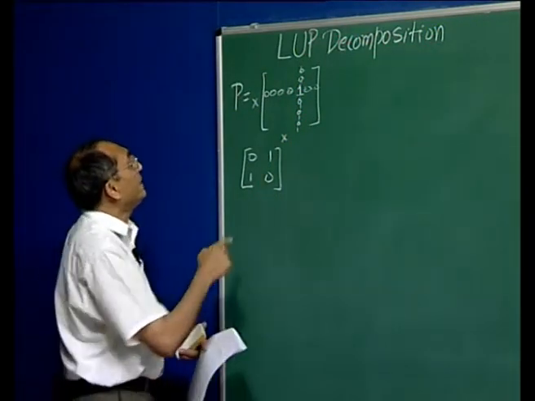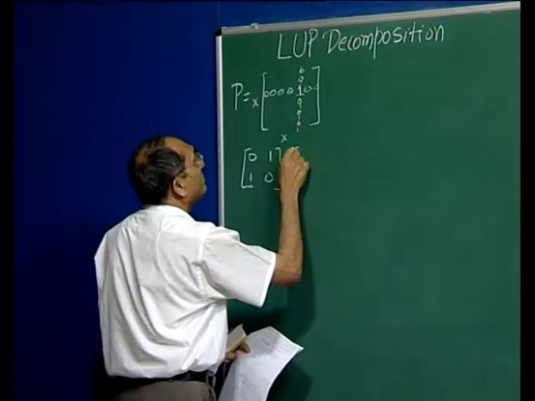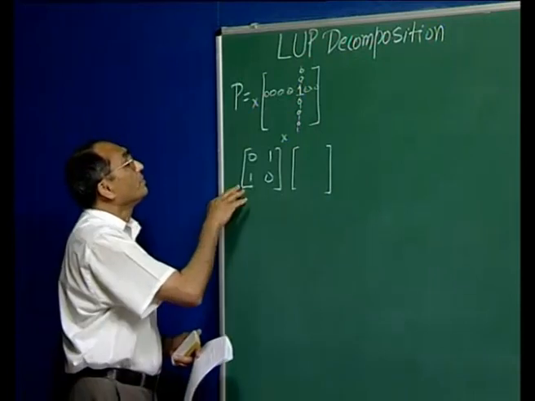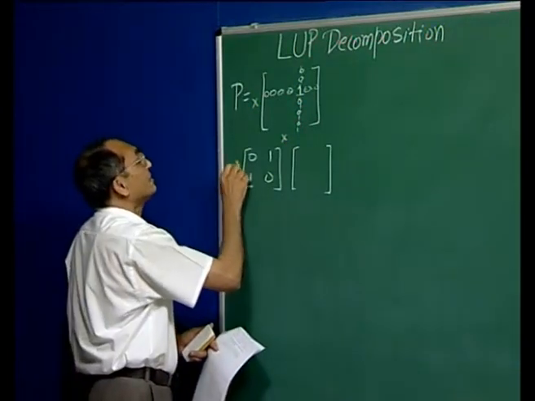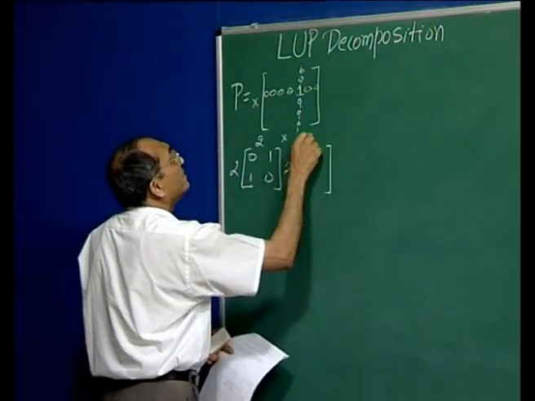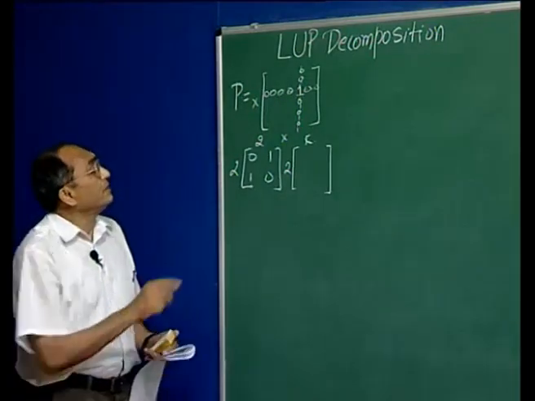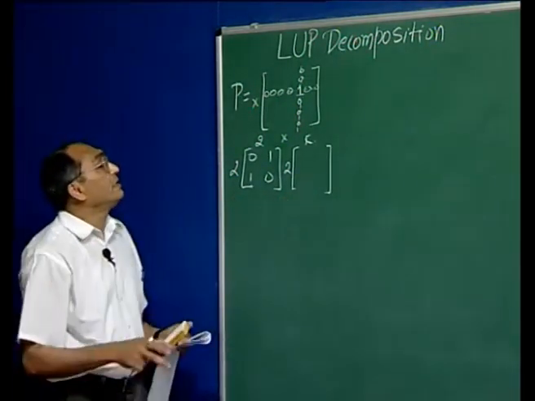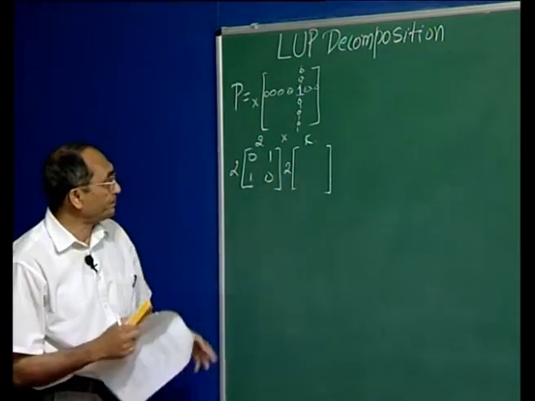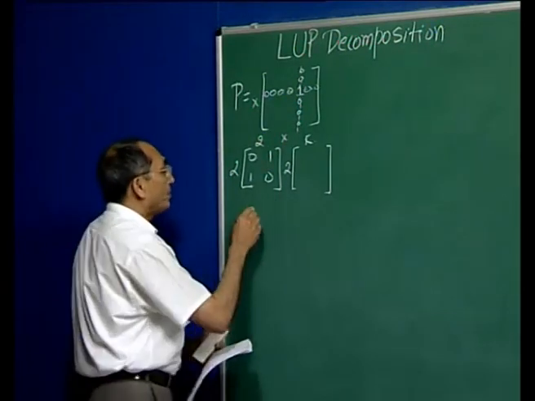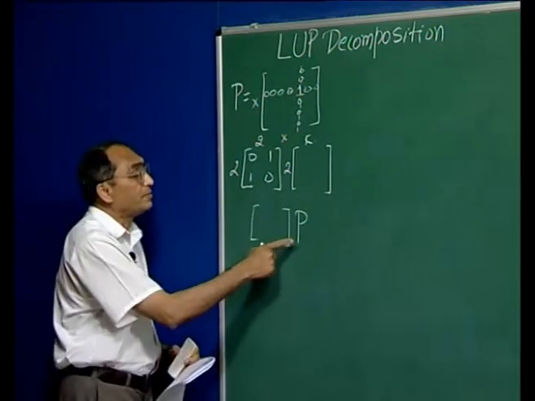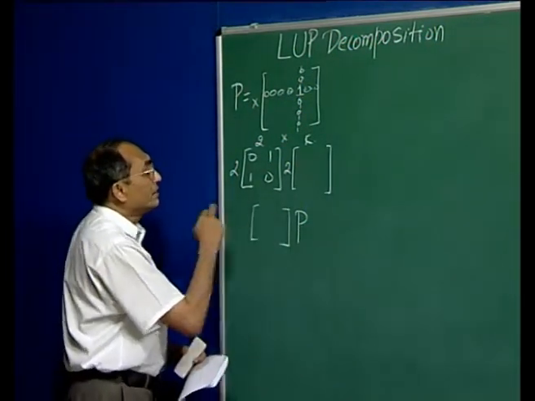Consider the application of a permutation matrix on another matrix from the left. Suppose this is a 2 by 2 matrix, and this is a 2 by k matrix. Then the application of this matrix on this is effectively permuting the rows of this matrix. Similarly, if I am multiplying from the right, we are permuting the columns.